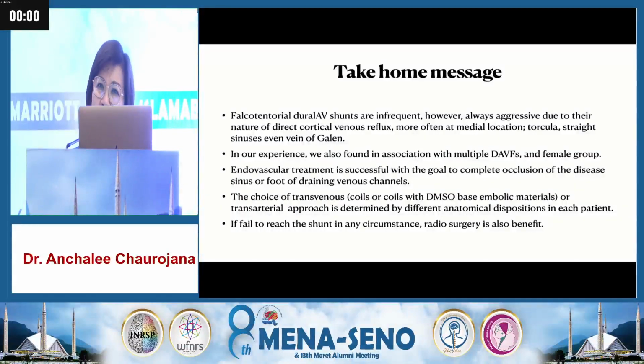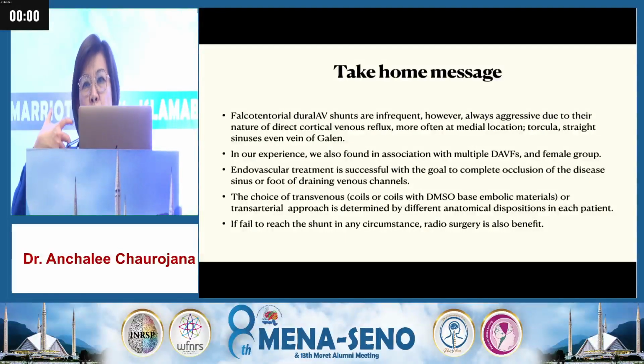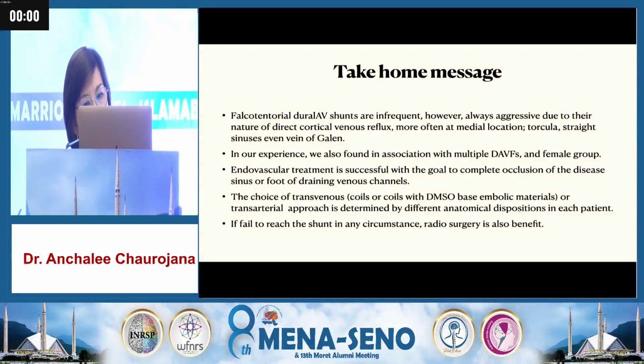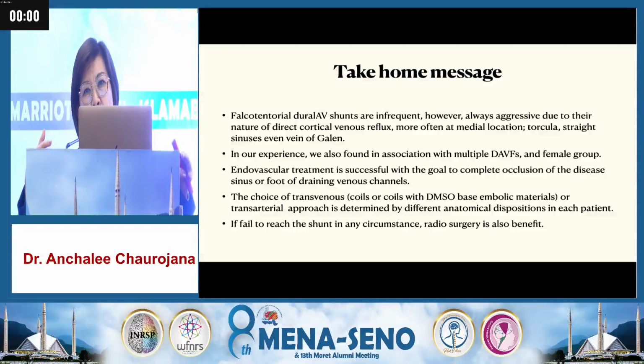Torcular-tentorial dural shunts are rather rare, infrequent, however they are always aggressive, remember, because of their nature, the embryology of the dura propria, right? And almost always have direct cortical venous reflux. And a midline location, the torcular, straight sinus or vein of Galen, is more common as compared to the shunt at the lateral side of the tentorial dural lesion.